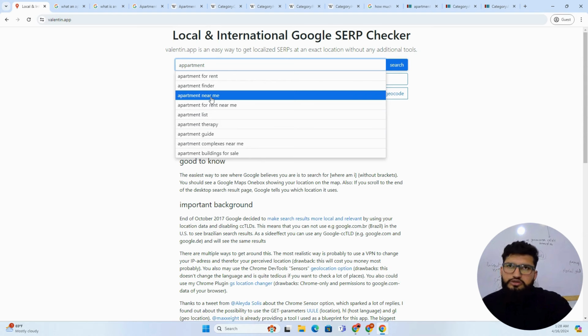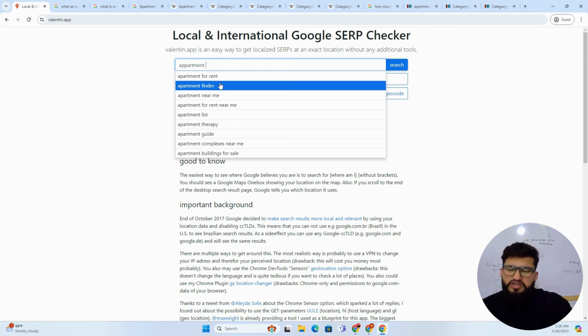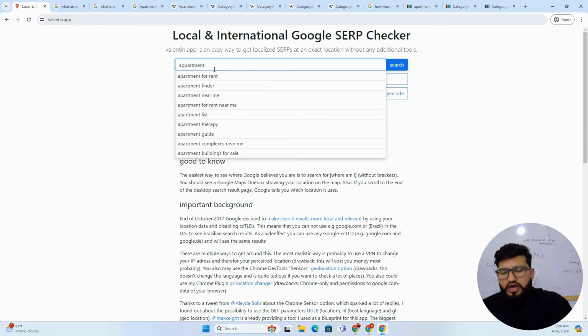And if you have a tool like SEO Stack that will maybe save your time, just give the same entity.